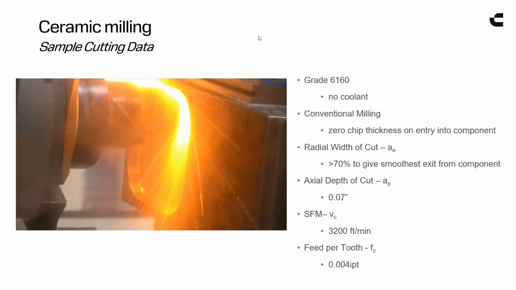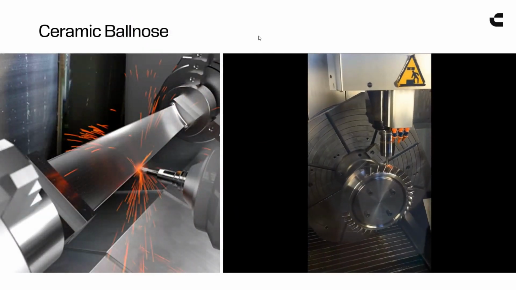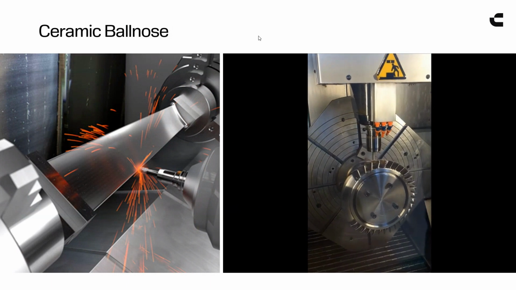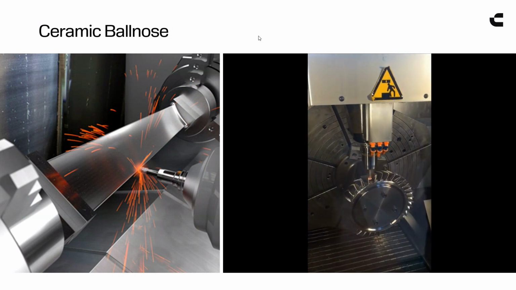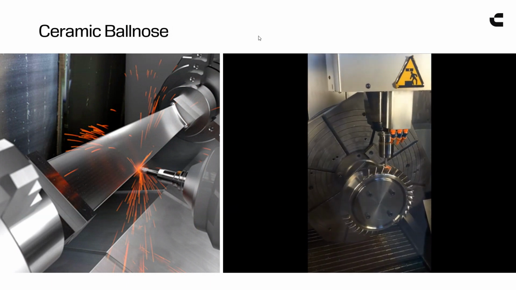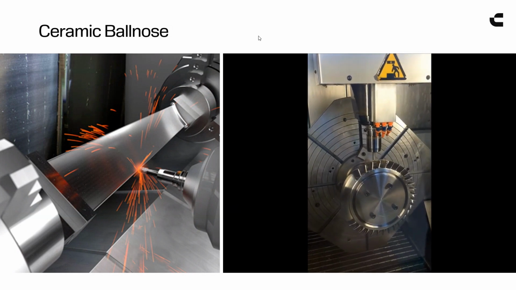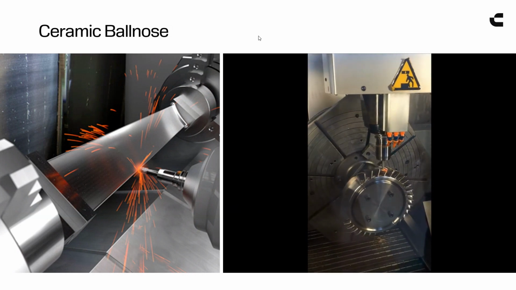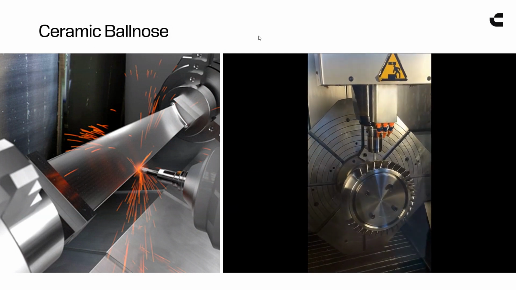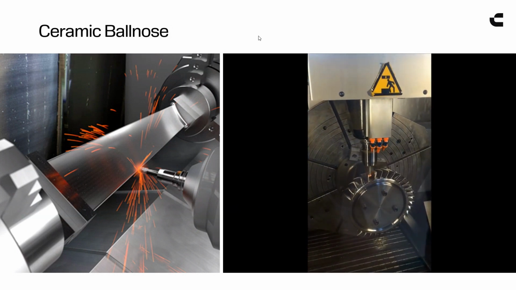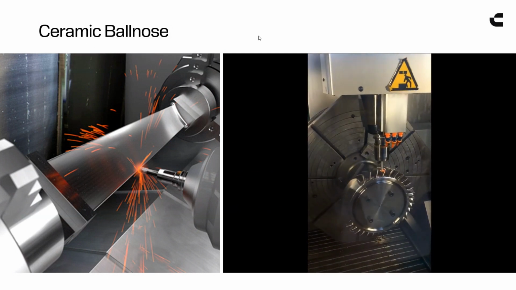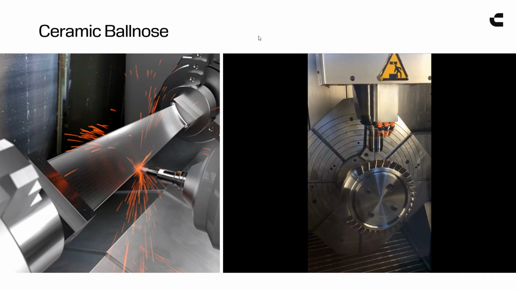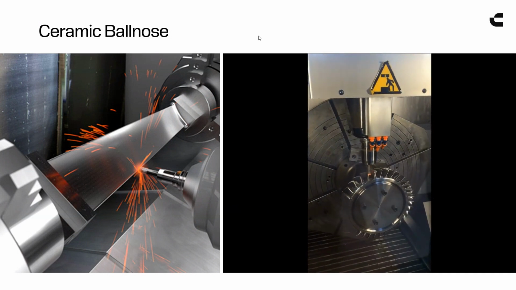But you can also do it for turn milling, which is fantastic. Not only that, we offer ceramic ball nose solutions that you can actually use to semi-finish and rest rough turbo machinery, not unlike you see in this video playing. So very, very productive, very slick solution to rest mill turbo machinery with a ceramic milling cutter.